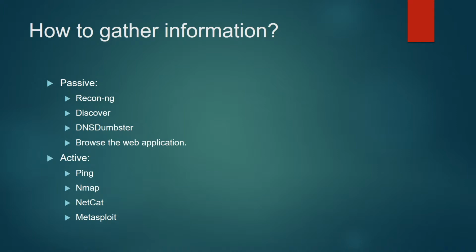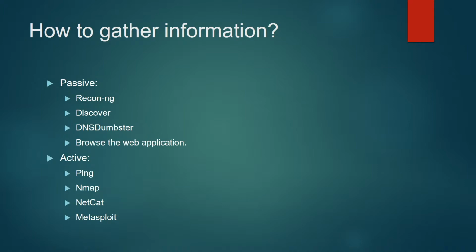So when we are targeting a web server, we need to see everything about the IP address of the server. We can convert the URL of the web server to an IP address with some tools, for example DNSdumpster, and therefore we can start analyzing whether there are any additional web servers. Is the web server connected to any other server? Is the web server connected to any other web server?